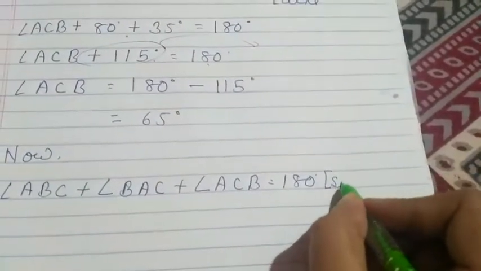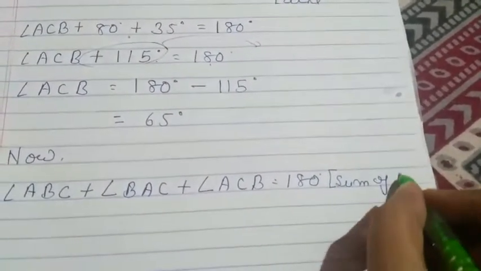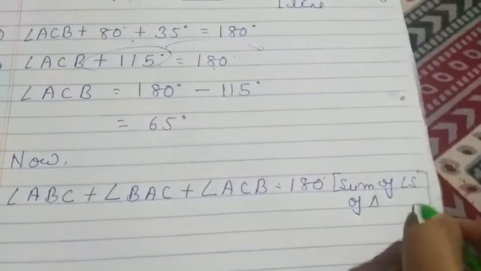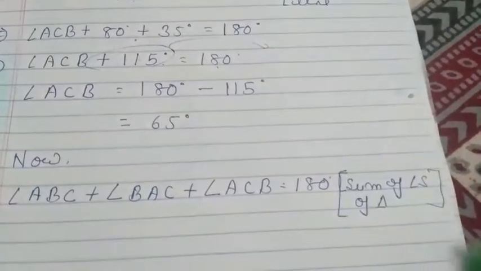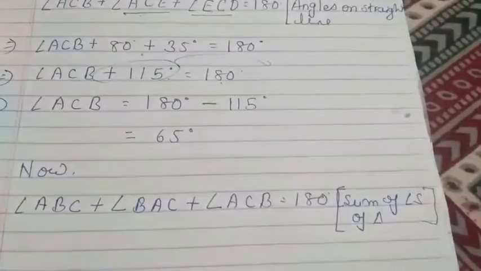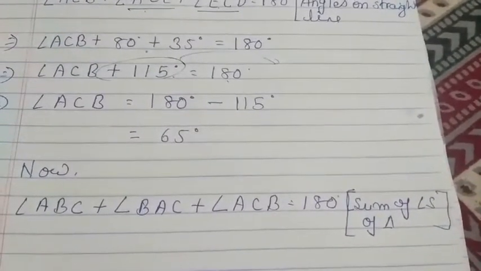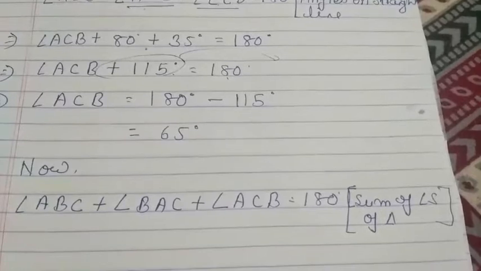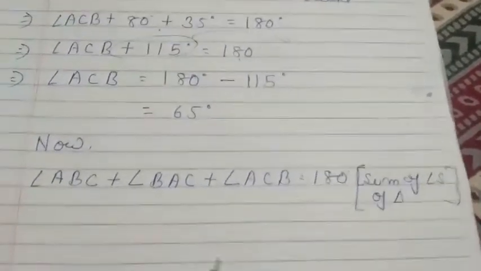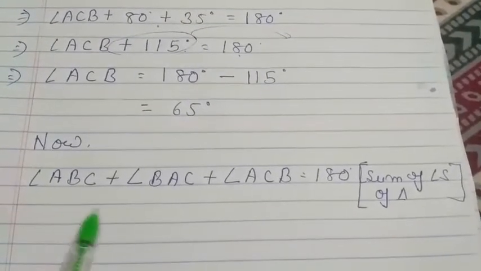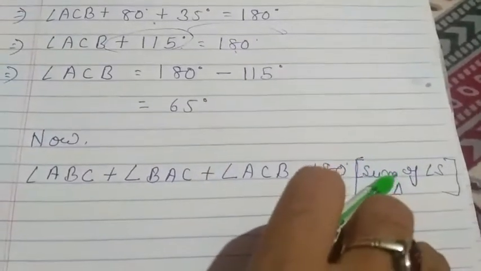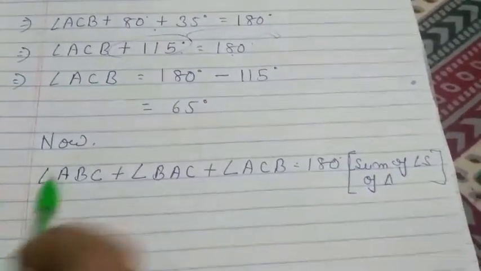Sum of angles of a triangle. What is the sum of angles of a triangle? When you add all the angles of a triangle, it should be exactly 180 degrees, not more, not less. ठीक है, जब भी आप ट्रायंगल के एंगल्स को सम करोगे तो वो 180 डिग्री फिक्स है, वही आता है. So this is the property of sum of angles of a triangle.